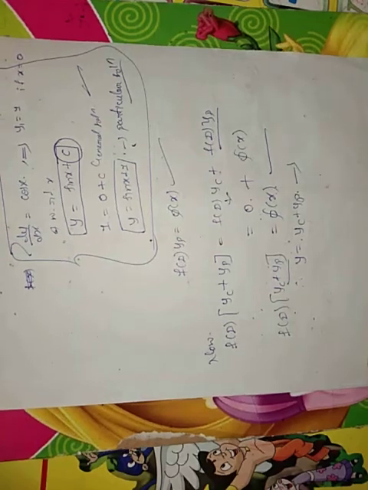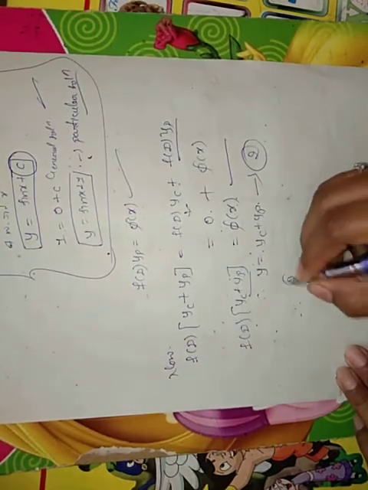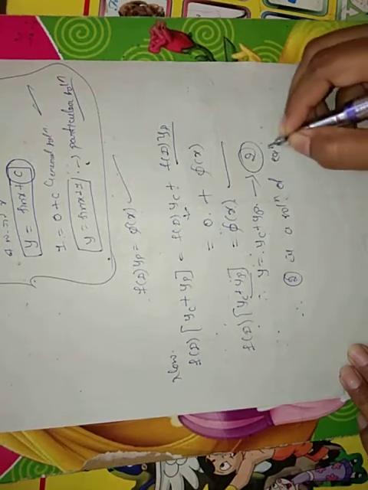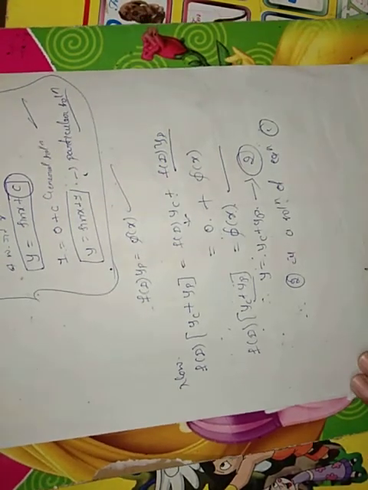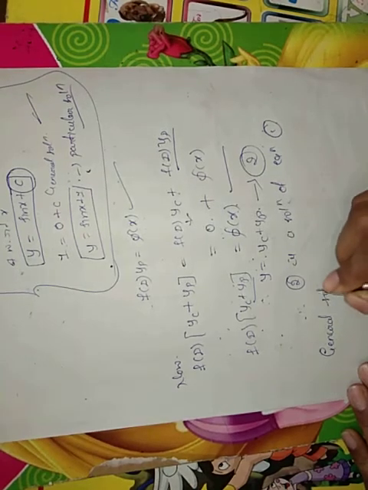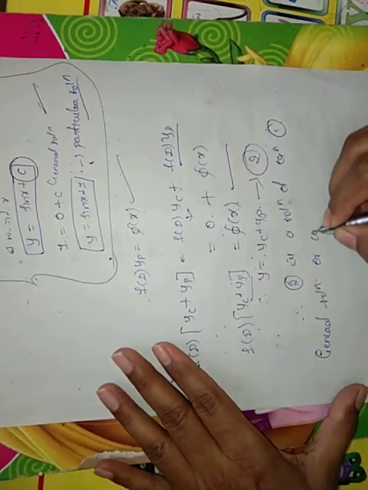Call this equation 2. Therefore, 2 is a solution of equation 1. That is called the general solution, or the complete solution.